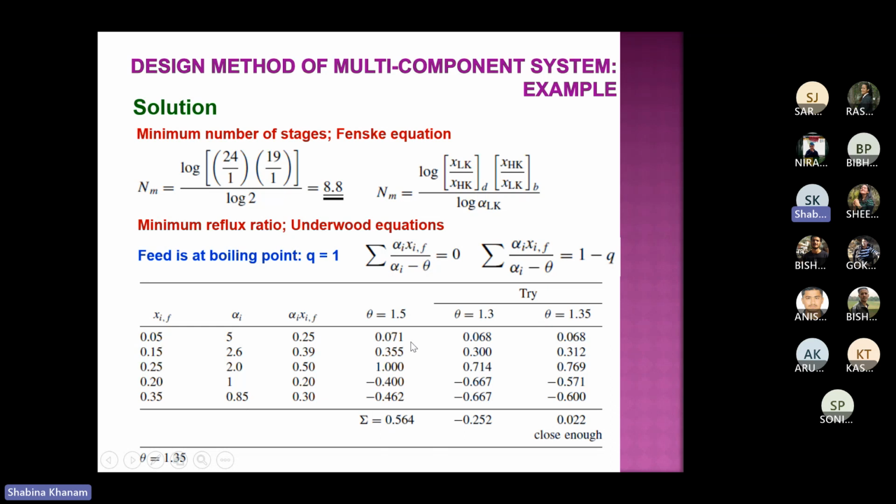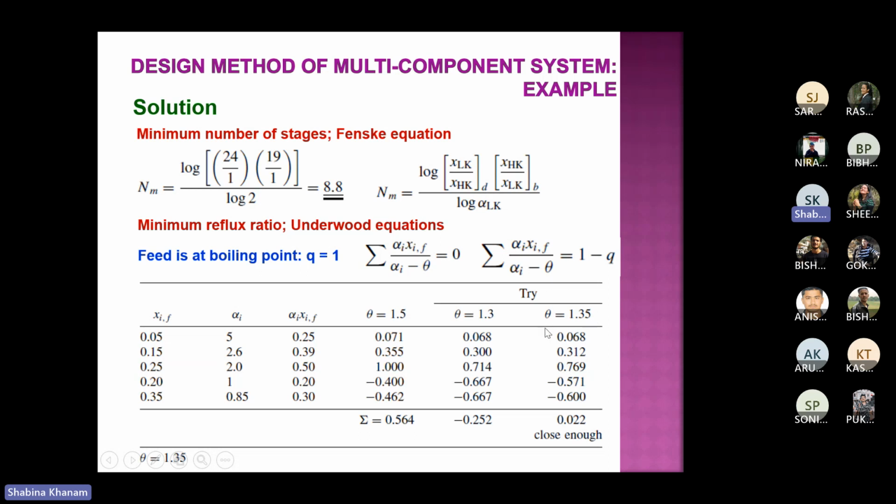So what is the guideline to assume this theta value? As I have told you, the correct theta value will be found between the relative volatility of light key and heavy key. So here the value should lie between 1 and 2. We will start with 1.5, and considering theta value 1.5, we can get the final summation, and you can see we keep on iterating till I'm getting a value close to 0.